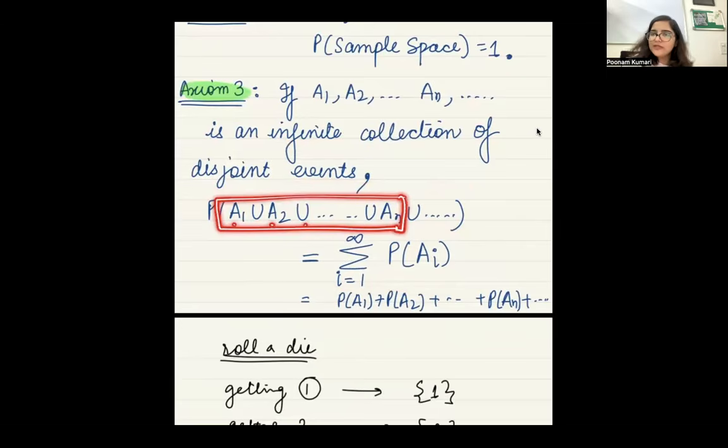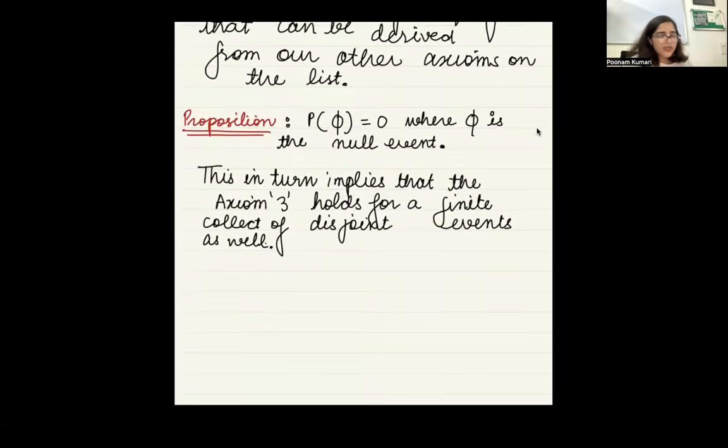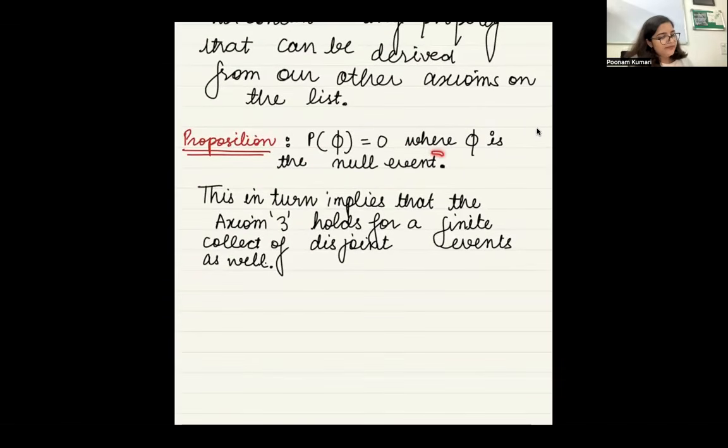So the probability of their union will be nothing but the sum over I going from 1 to N. So that is basically the next part of that particular proposition. So if you are able to prove this, we will also be able to prove that. But now the burden is on us to prove this. Is that fine? This is the statement. Yes. Okay, so chalo, let's see.